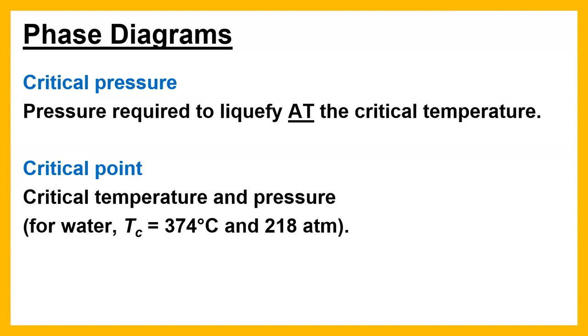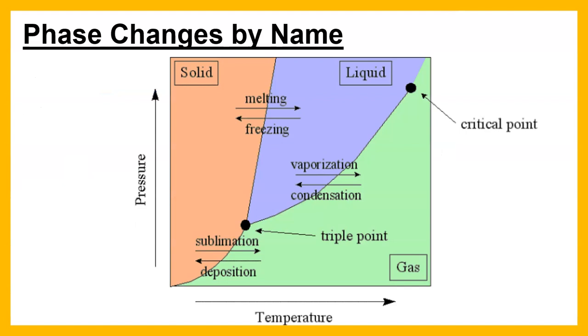I like to just throw these in there because sometimes you'll hear these in older videos or older problems and I just want to make sure you know what they are. So here is what a phase diagram might look like. Okay. You can see temperature increases here going to the right, pressure increases going up.